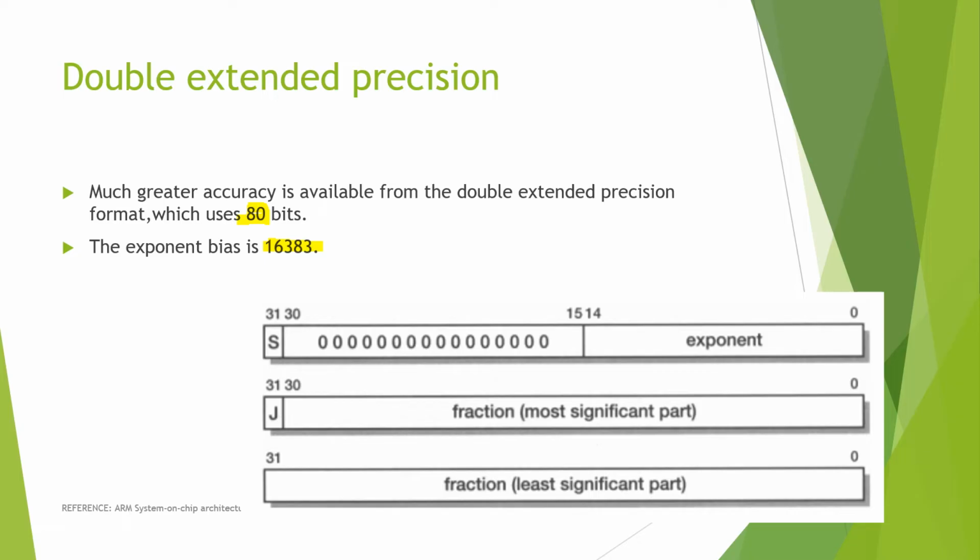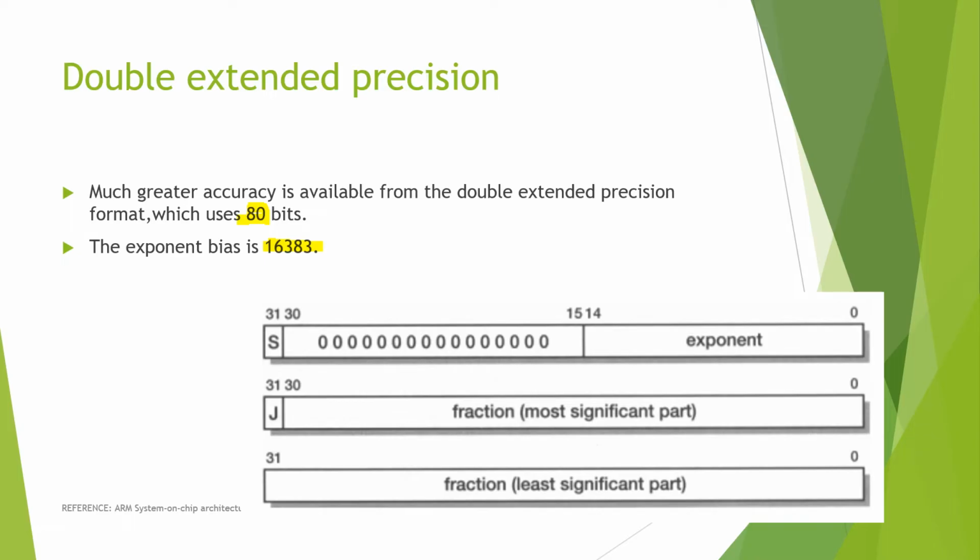So this is how you have the double extended precision. Now apart from this you still have the packed decimal format and the extended packed decimal format also. So that's all about the different types, and the packed decimal format makes use of BCD digits in its representation, that is binary coded decimals.